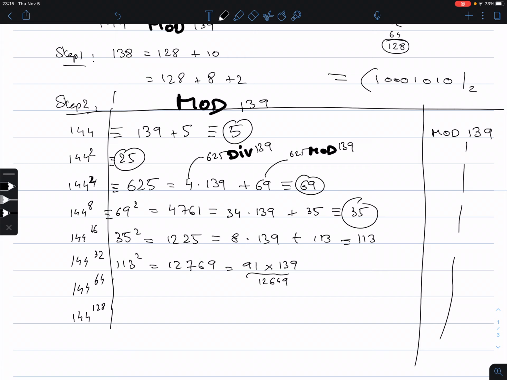What am I missing? It seems I'm missing 120. That is now my remainder. Now I square 120. 120 squared is 14,400. Divide that by 139. It's 103.